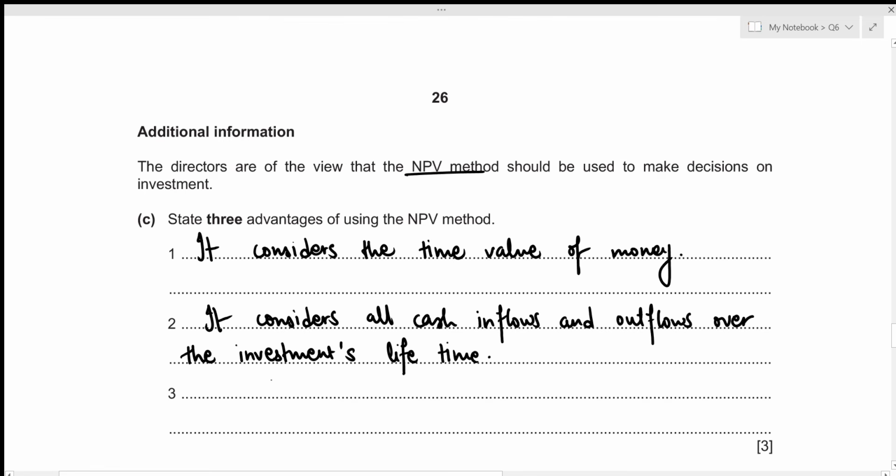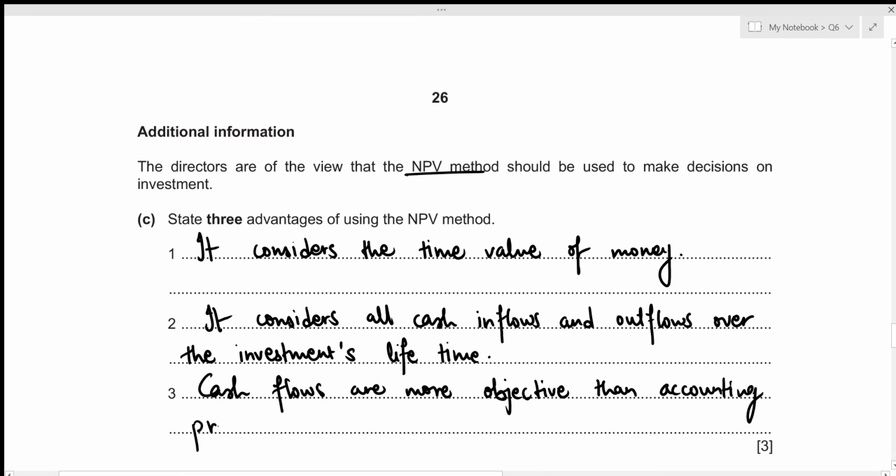Cash flows are more objective than accounting profits. And due to this very reason, net present value method is more accurate than the accounting rate of return, because in case of accounting rate of return, we incorporate the accounting profits rather than the cash flows. This concludes the third part of this question. Now we can move to the fourth one.